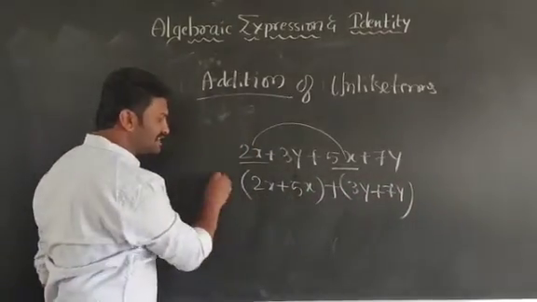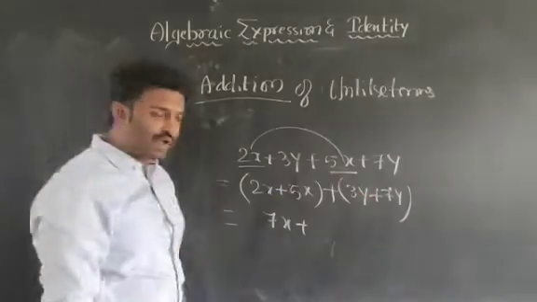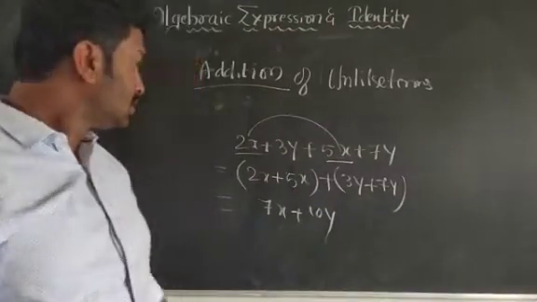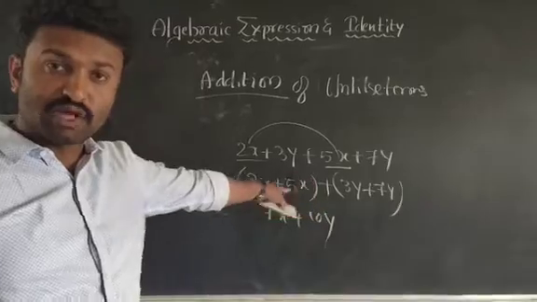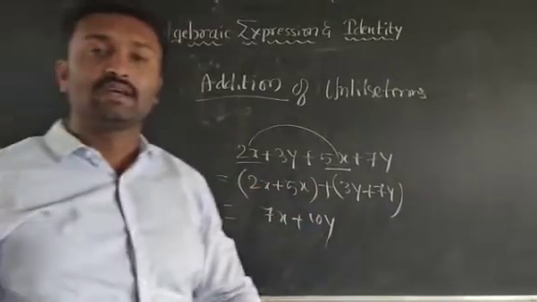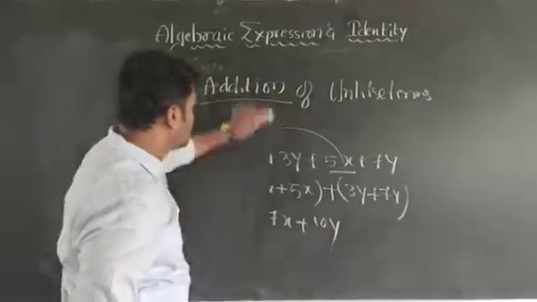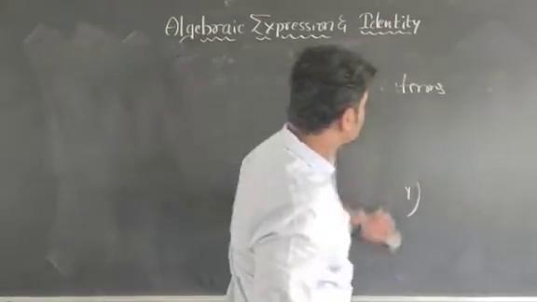So 2x plus 5x is 7x, plus 3y plus 7y is 10y. We can only add terms having the same variables. This is one more example. We cannot add different variables. Clear?